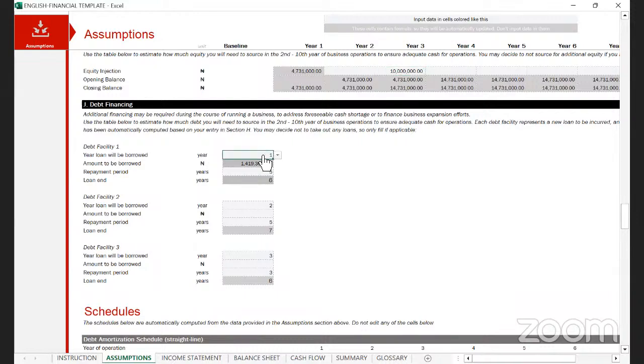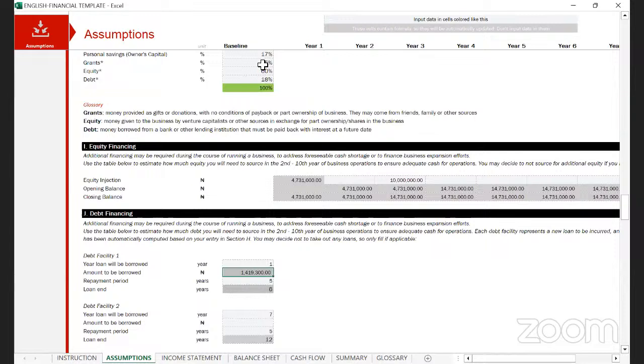You might need the loan in year 1, or you might need it in a year ahead, year 7. You put in the year you borrow your loan. The amount to be borrowed comes from this allocation here. So if you change this allocation, that number will change. So let me change it back.